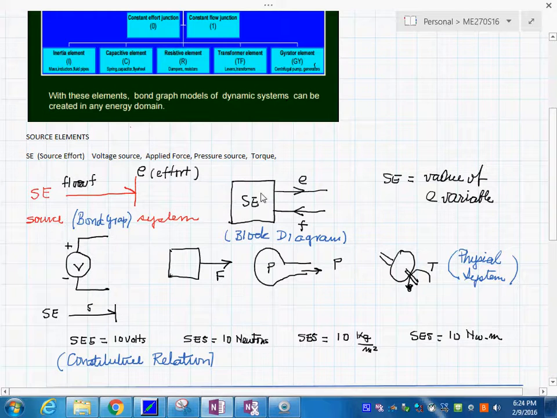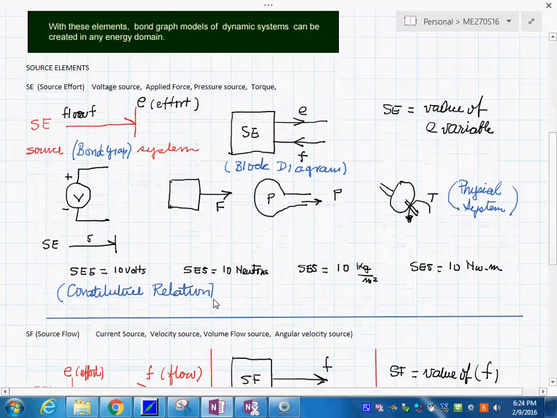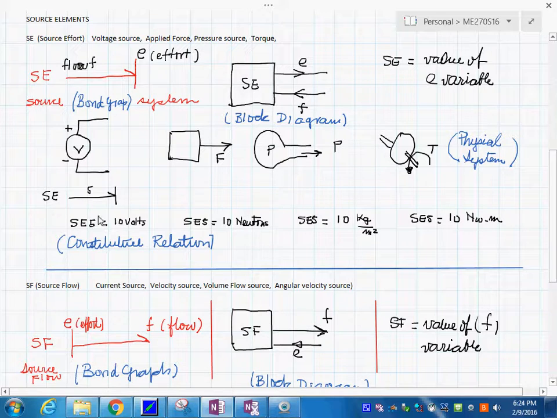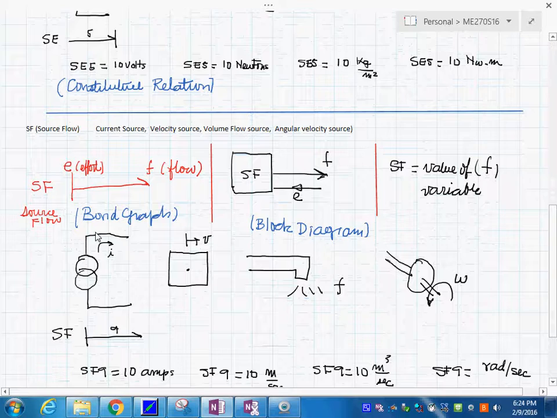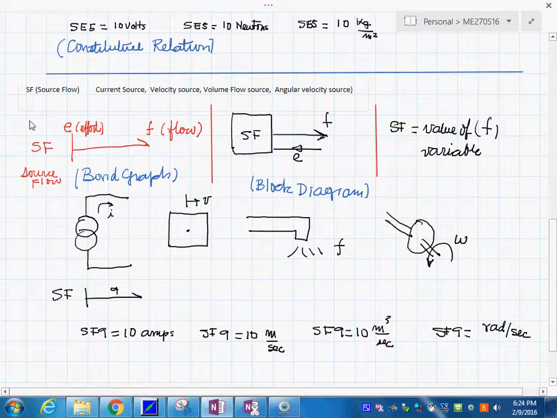It means that's the value of this. This is the way we understand this: it produces the flow from the system and receives the effort. Okay, so we'll break it down and start a different video with the other elements.